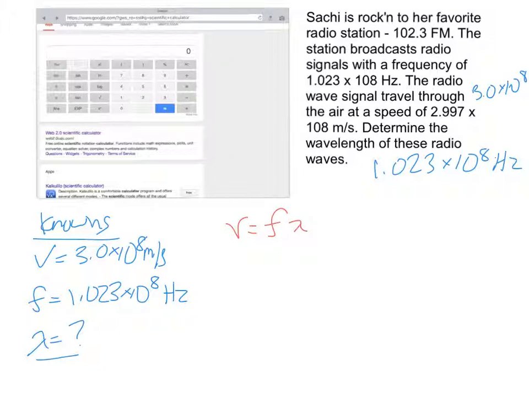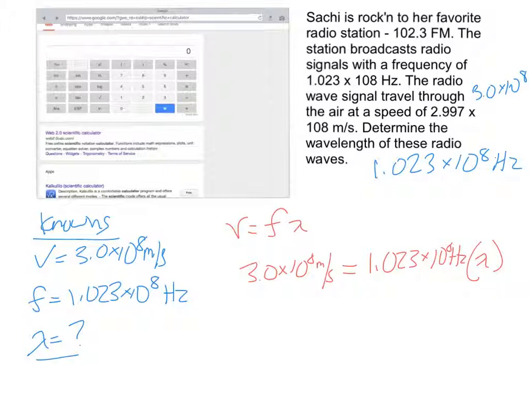So my next job is to plug in what I know. So wave speed becomes 3.0 times 10 to the 8th meters per second, which is equal to the frequency, 1.023 times 10 to the 8th hertz, times wavelength.